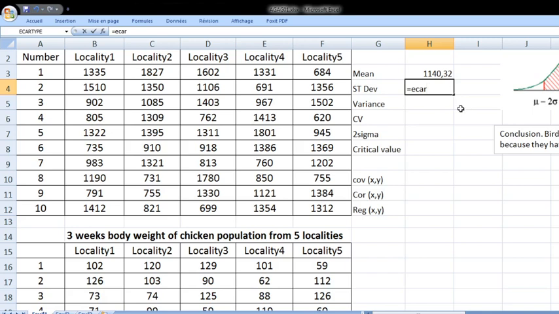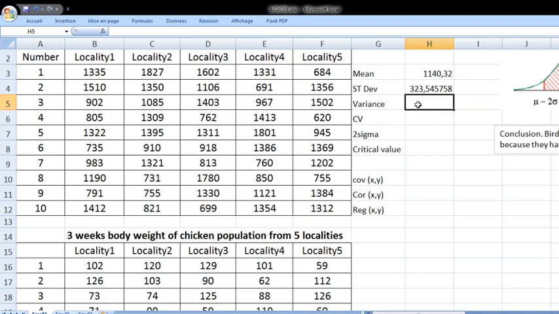So select the standard deviation for the population, and then we put the beginning of our data range, that is B3, colon for till, and then the end, that is F12, then bracket close, and here we have our estimate of the standard deviation.